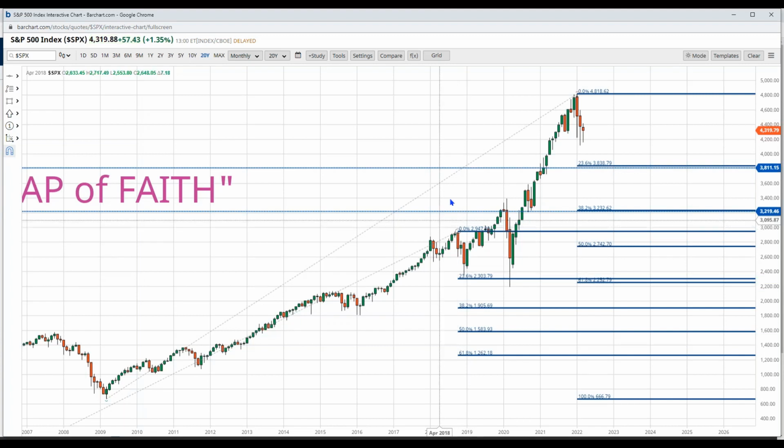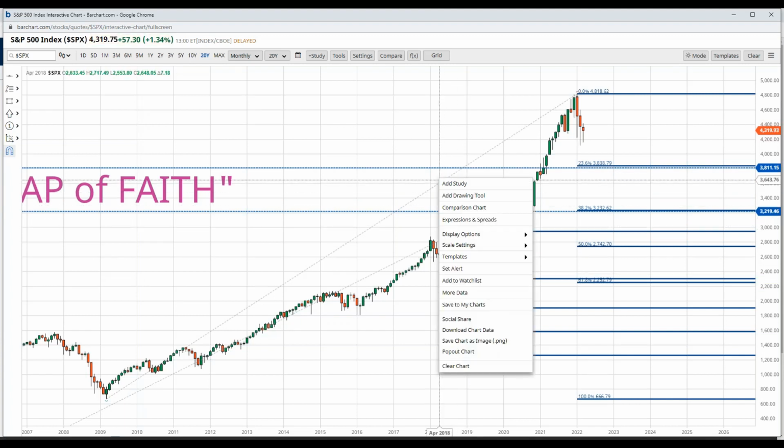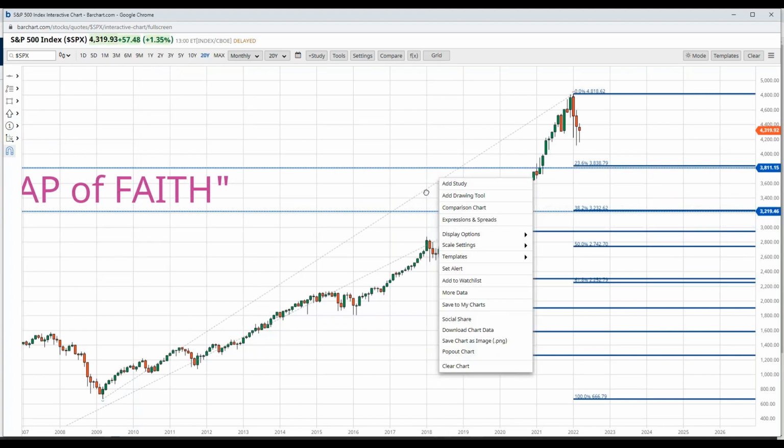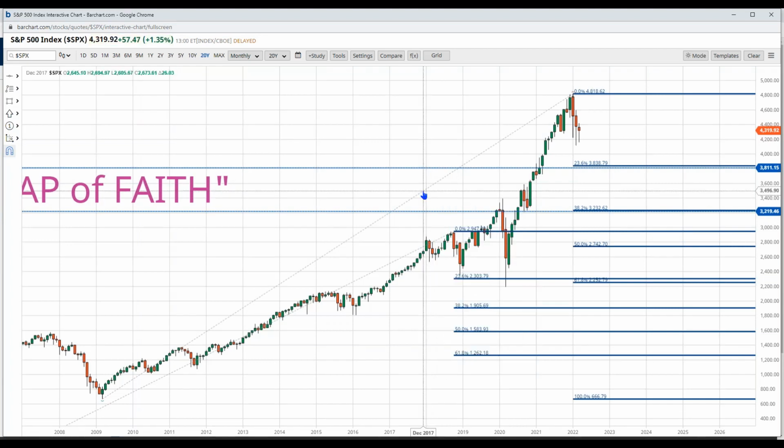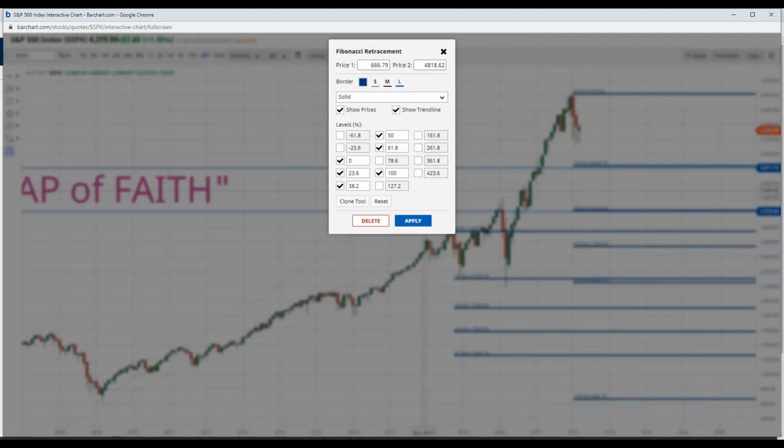If I right click on my Fibonacci line, there are those ratios that we're talking about. For the retracements, we're going to look at the ratios between the 0 and the 100. And so we have 23, 38, 50, and 61. Now, 50 is not really a Fibonacci number, except that 1 to 2 is 50%. But it is one of those accepted ratios that traders use.